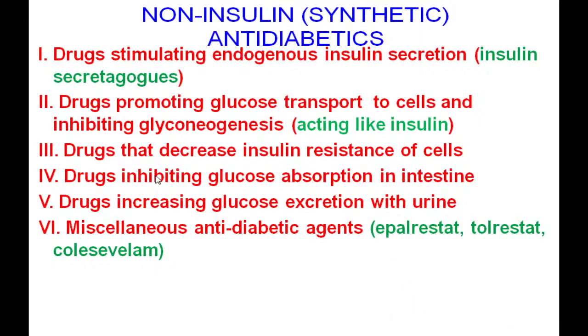Principally, we distinguish 6 groups. First group, drugs stimulating endogenous insulin secretion, or insulin secretagogues. Second group, drugs promoting glucose transport to cells and inhibiting glyconeogenesis, or acting like insulin.